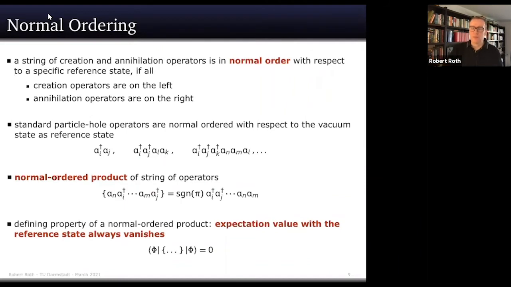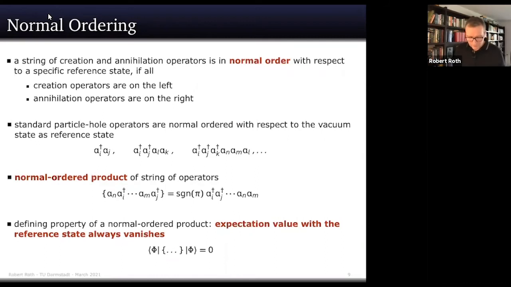For example, when we discussed the representation of kinetic energy or potential in second quantization, this also appeared in this particular order with respect to the vacuum state. Now, in a calculation, it can happen that this order is mixed up. For example, if you start evaluating these commutator terms that we've already seen in the SRG discussion, then you suddenly have creation operators on the right in your long chain of operators.